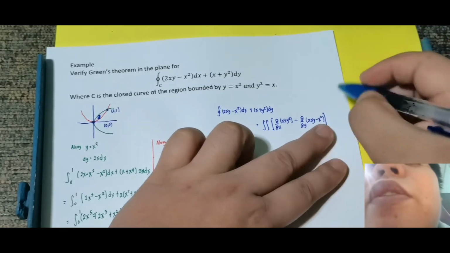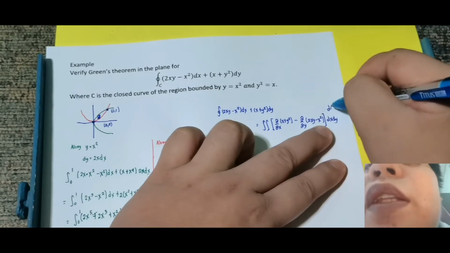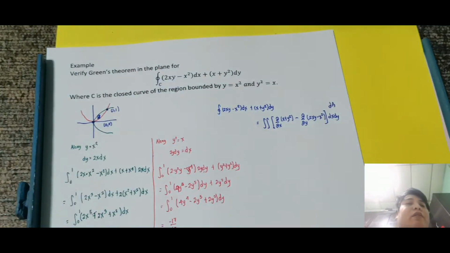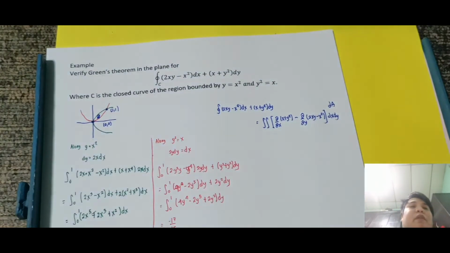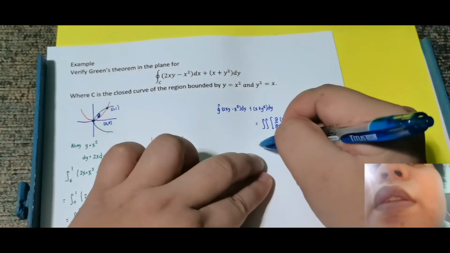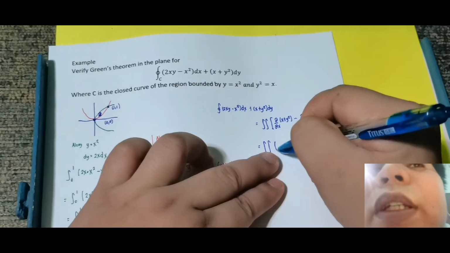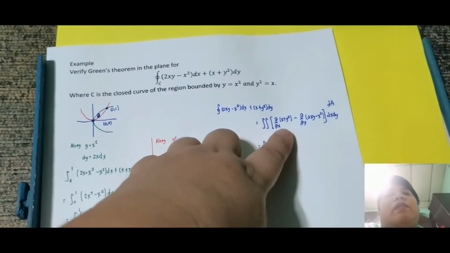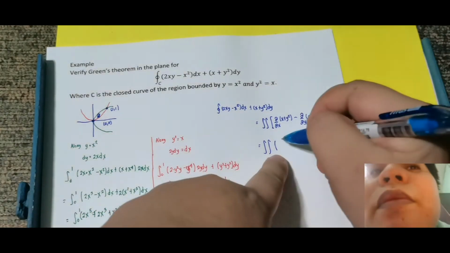Okay, then this is dA. The dA is dx dy. That is what dA means. Remember, this is the partial of Q with respect to x minus the partial of P with respect to y. Next, we will differentiate. So the first thing that happens, this is equal to the double integral. Let me put in a little spacing. The partial derivative of this with respect to x is just 1. So that is only 1.